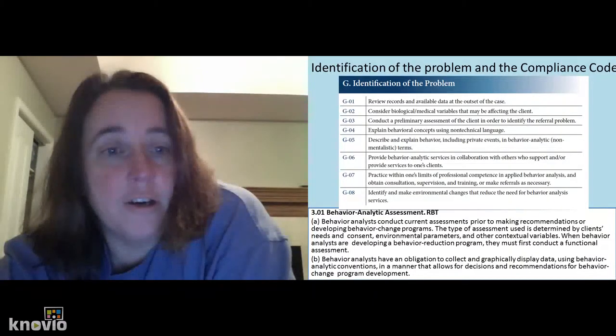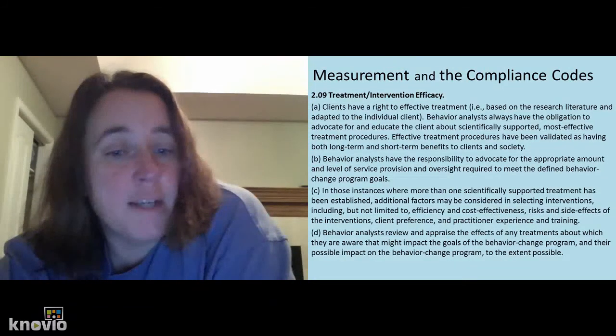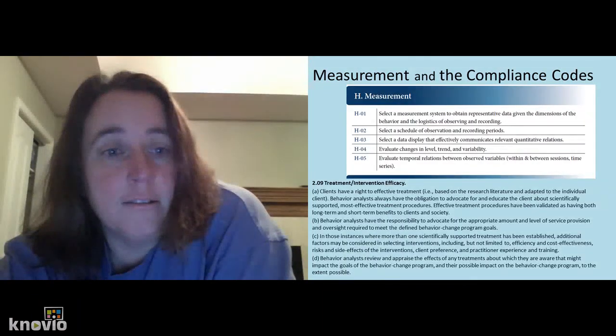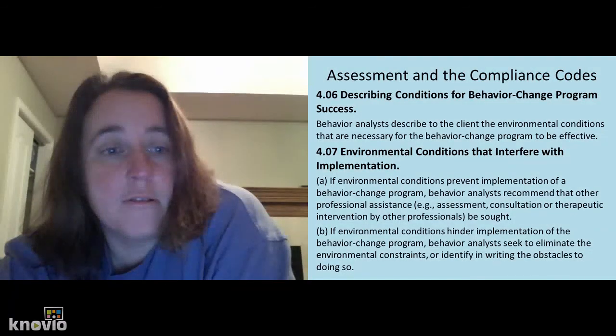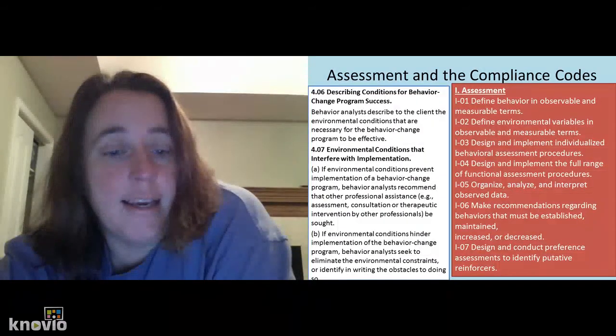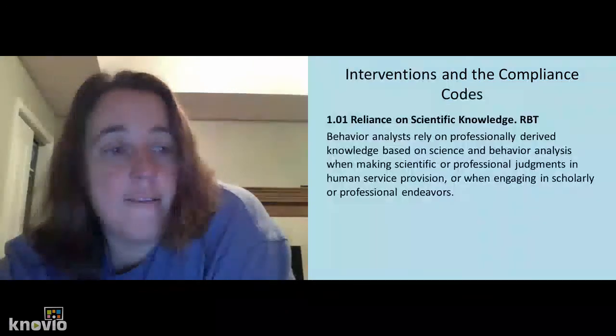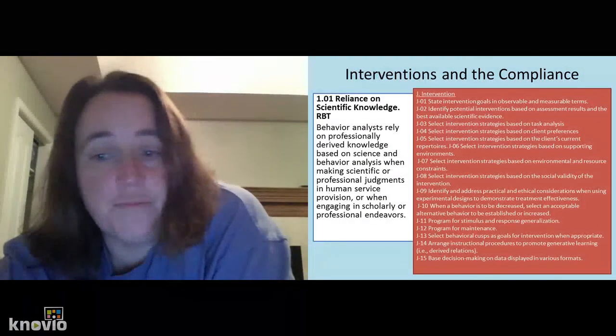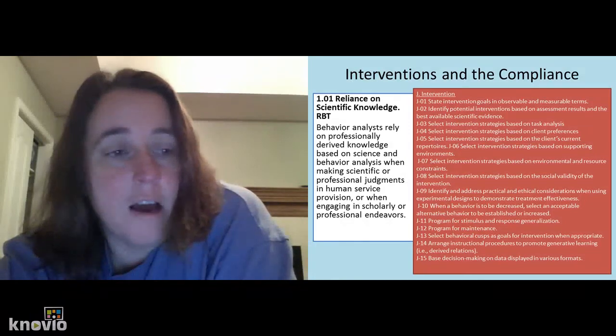And then here are the task list items lined up with that. Next, you have measurement in the compliance codes, so the client's treatment and intervention efficacy, and you can see how that lines up with the measurement section of the task list. You have assessment in the compliance codes, and again, here's how it lines up directly. Then you have interventions in the compliance codes, and here's how it can align.